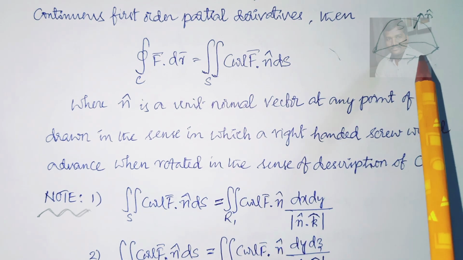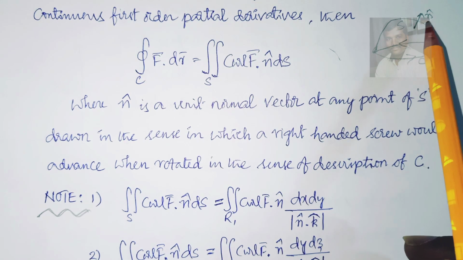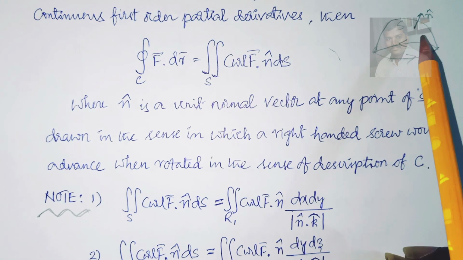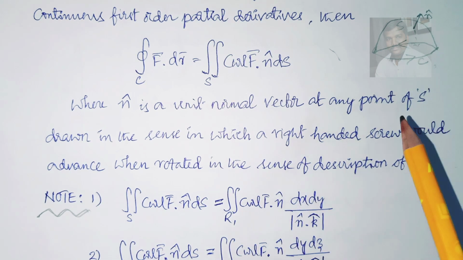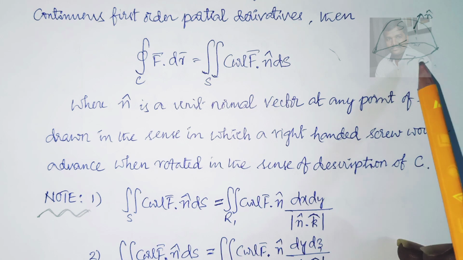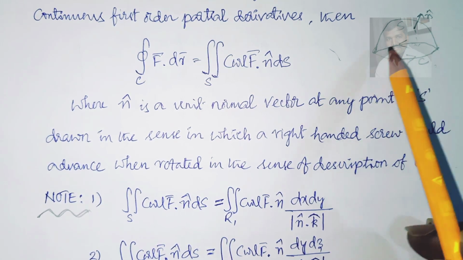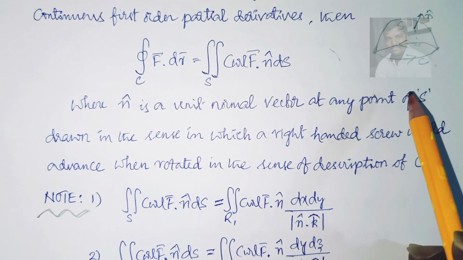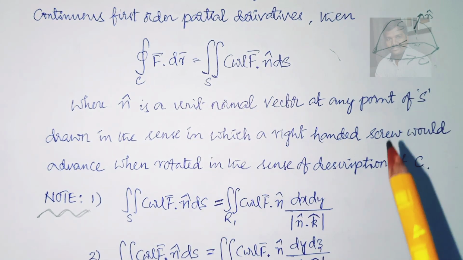There is another orientation we have. If we take n cap in the downward direction, then we have to consider the orientation of C in a clockwise direction. We can take a simple example: a water bottle.